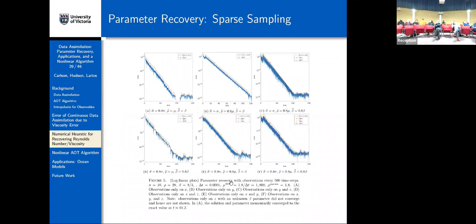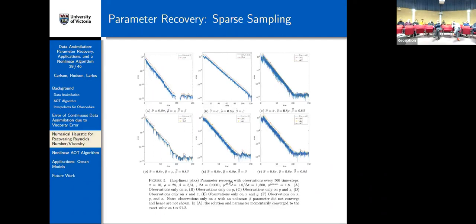So moving on from here, these are some computations with parameter recovery, with observations every so many time steps. We'll show that we can recover, this is the error, so this is your delta sigma. If our sigma is incorrect, we recover not only the solution, but also the parameter.